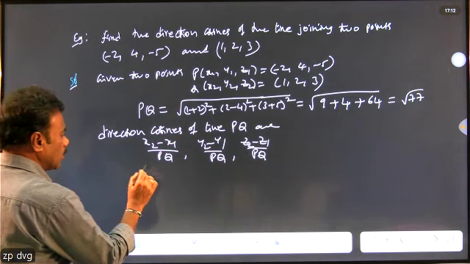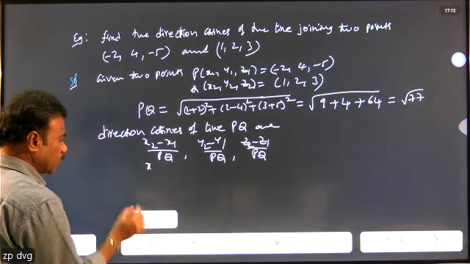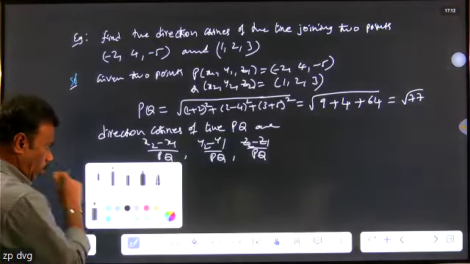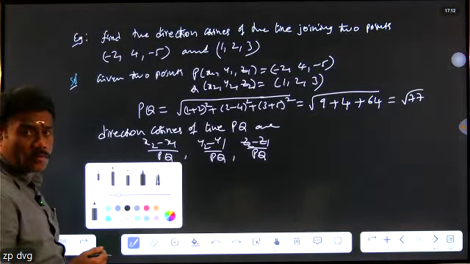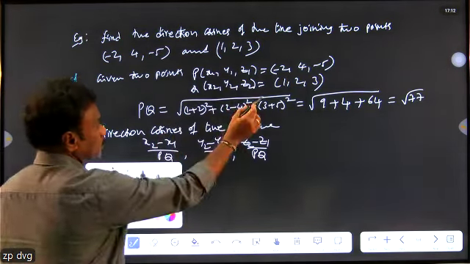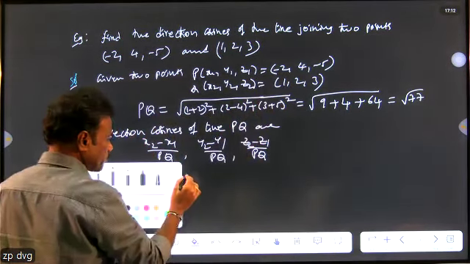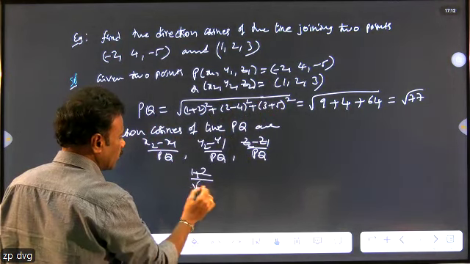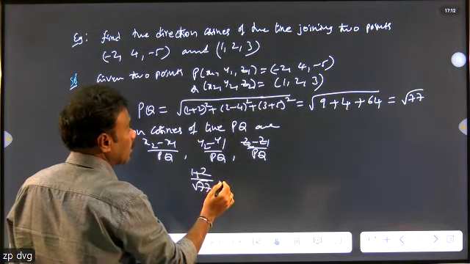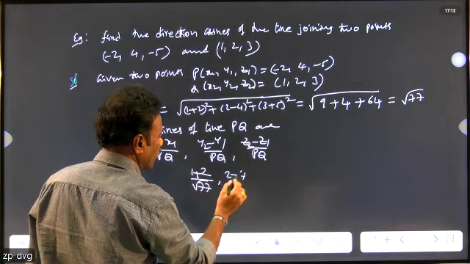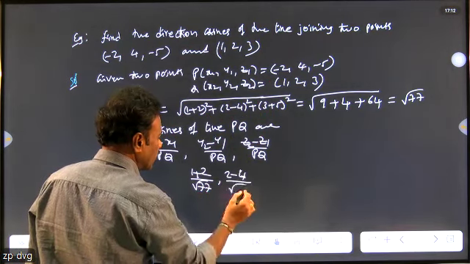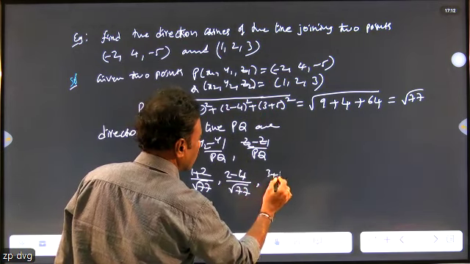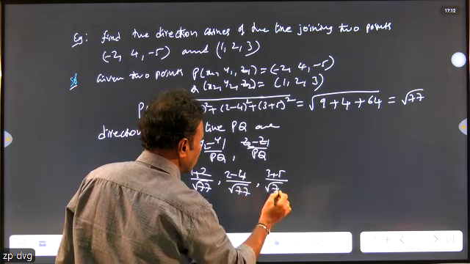So 1 minus of minus 2, you will get 1 plus 2 by PQ, which is root 77, and next 2 minus 4 by root 77, and next 3 plus 5 by root 77.